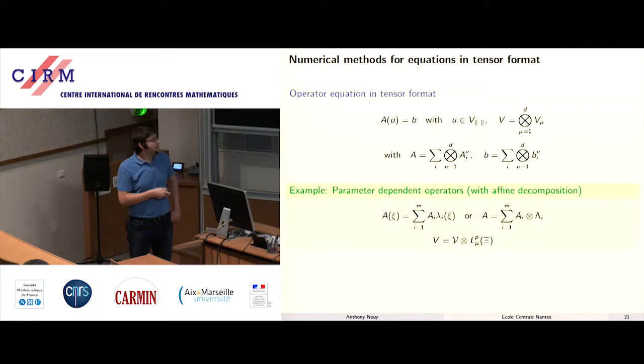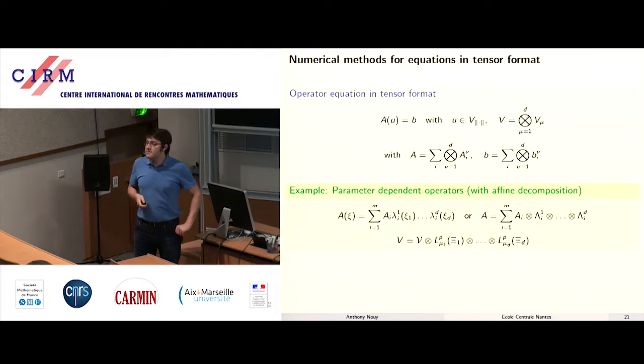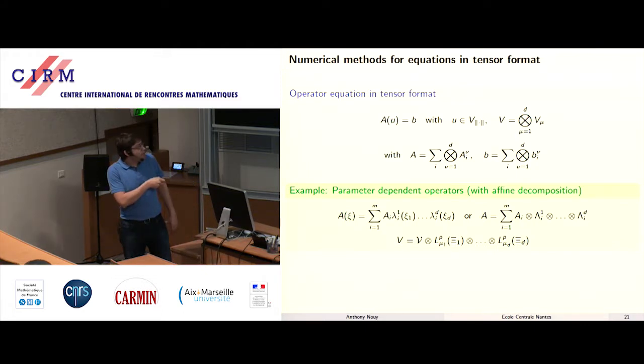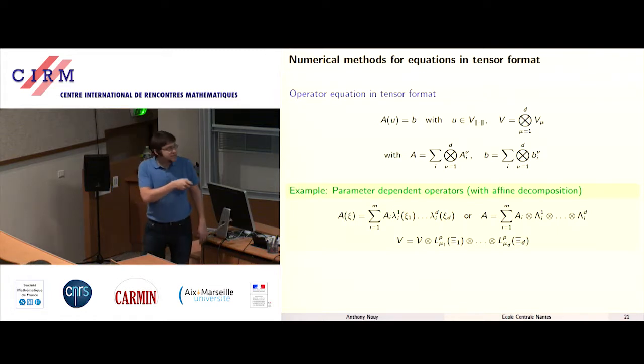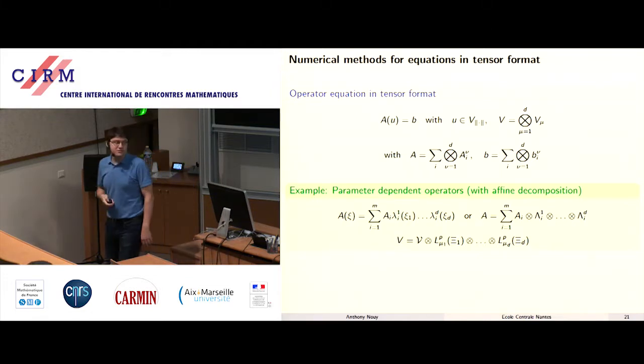Here you live in the tensor product of a given Hilbert or Banach space with the L^p space. For higher dimensional problems, it is the same. If your operators can be written as a sum of products of deterministic operators times univariate functions like this, you have a tensor interpretation of these parameter-dependent operators, and you have the nice structure that allows you to apply the methods I will present just after.